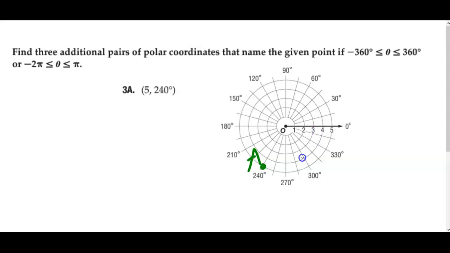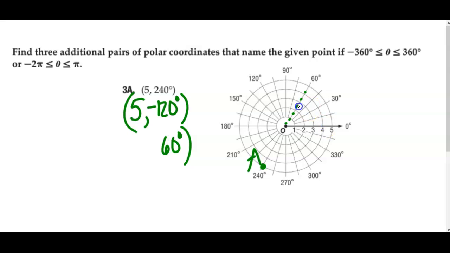We could have also said I'm going to go negative 120, right? 360 minus 240 is negative 120, and out positive 5. There's a positive negative. We could have said the opposite of that is 60 over here if we subtract 180. We could have said I'm going to rotate positive 60 degrees, and then I'm going to back up 5.